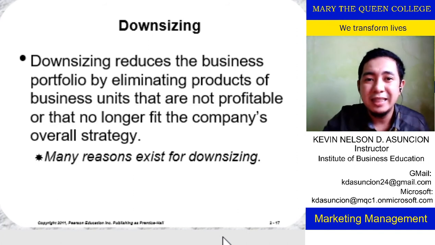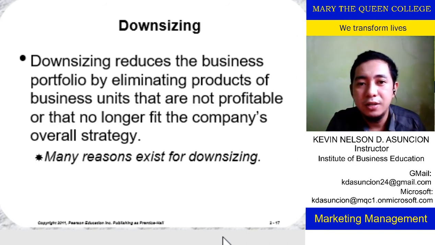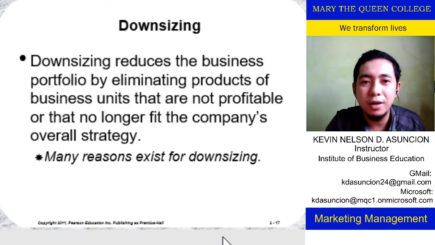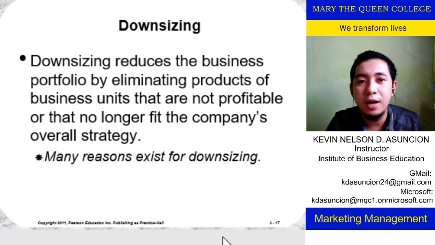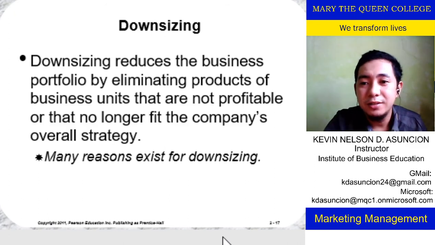Ibig sabihin, tinatanggal mo, no? Parang tinatanggal mo yung hindi mabungang branch ng puno para mag-focus ka dun sa mga mabubungang branch ng inyong halaman o ng puno para mapag-grow mo pa siya. Okay? So that's the idea.